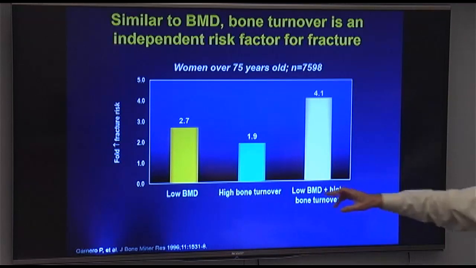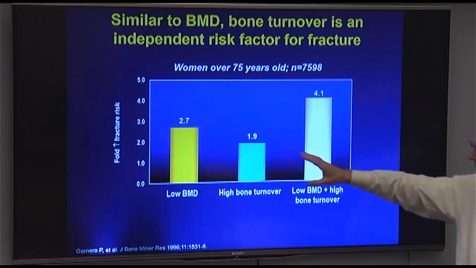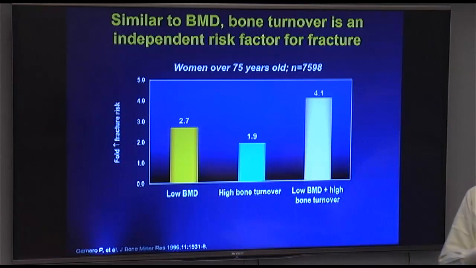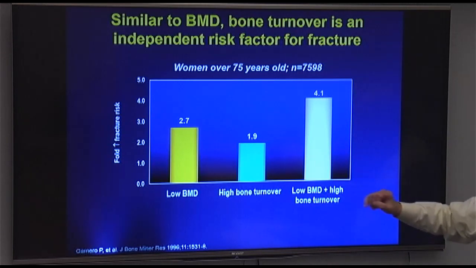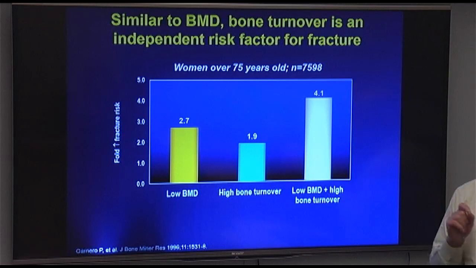Well, this work goes back to Patrick Garnero and Pierre Delmas, where they looked at bone turnover by measuring bone turnover markers. And they showed that the markers themselves were independent predictors of fracture risk.